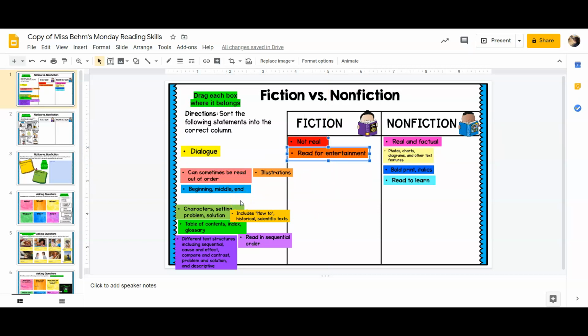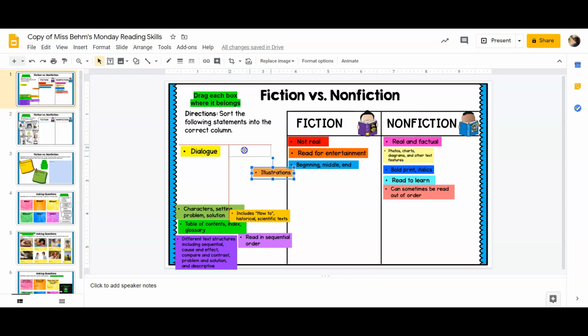For nonfiction, you can read it sometimes out of order. If you were to read a fictional book out of order, sometimes it wouldn't make sense. With that said, you know that fiction is going to have a beginning, a middle, and an end.